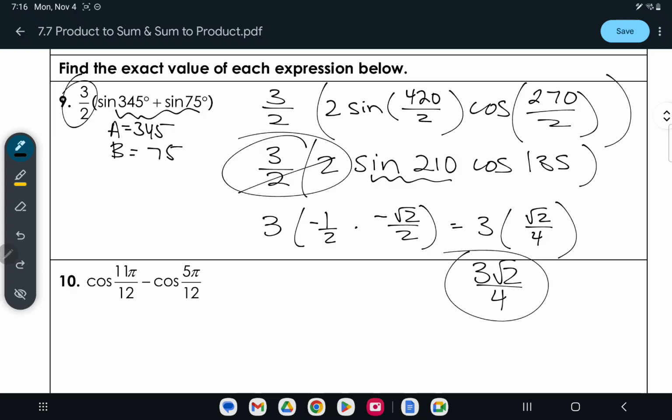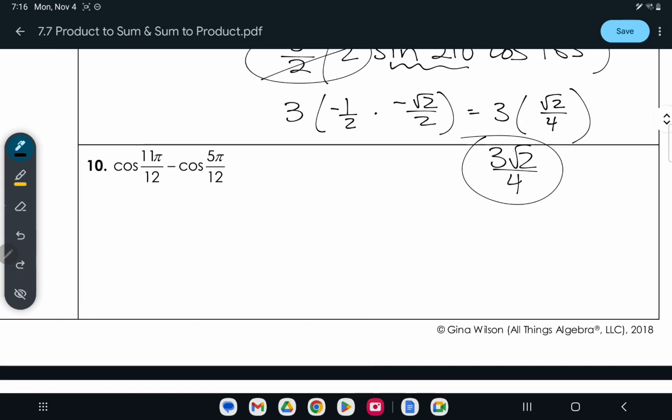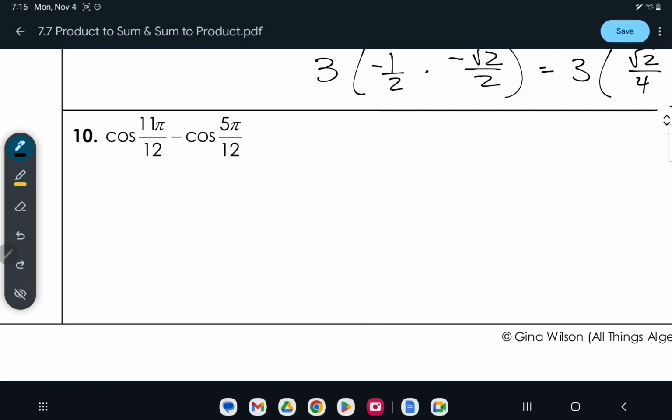Okay. Gonna erase it to do the next one. All right, we have a cosine minus cosine, which will give me, let's see, A is 11 pi over 12, B is 5 pi over 12, and I'll just substitute right into the formula.